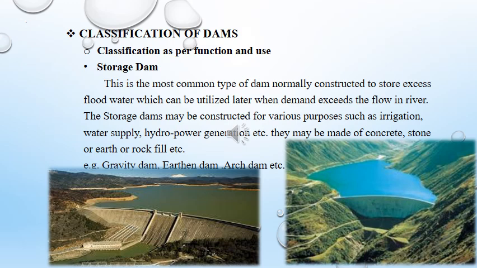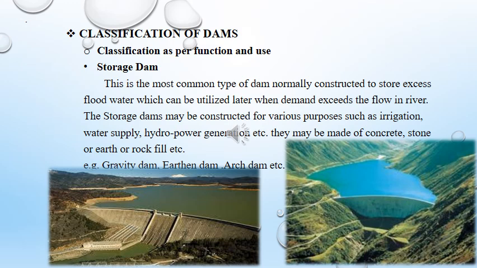According to the use, the dams may be classified as storage dams, diversion dams, or detention dams. So, the first is the storage dam. Storage dams are constructed across the river to store water in the reservoir when there is excess flow in the river.